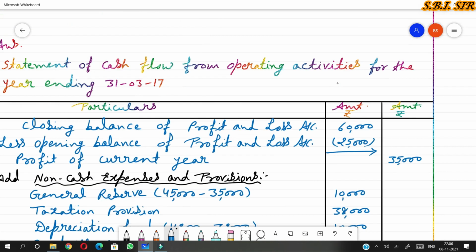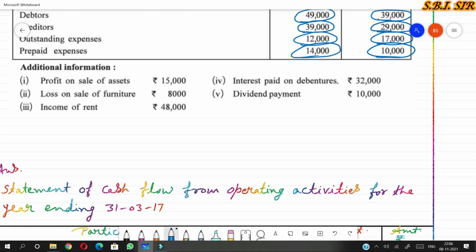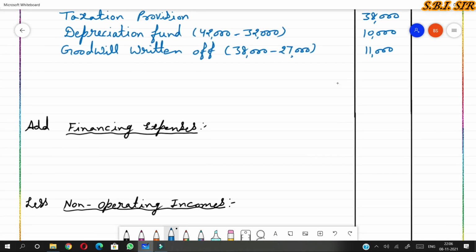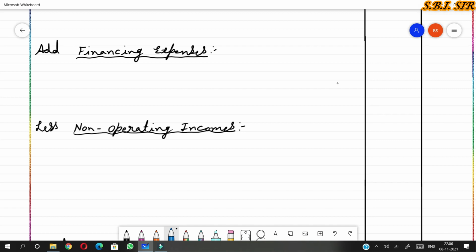Next, profit on sale of assets 15,000. It is a non-operating income, so we will write it under the heading of non-operating incomes: profit on sale of assets 15,000.